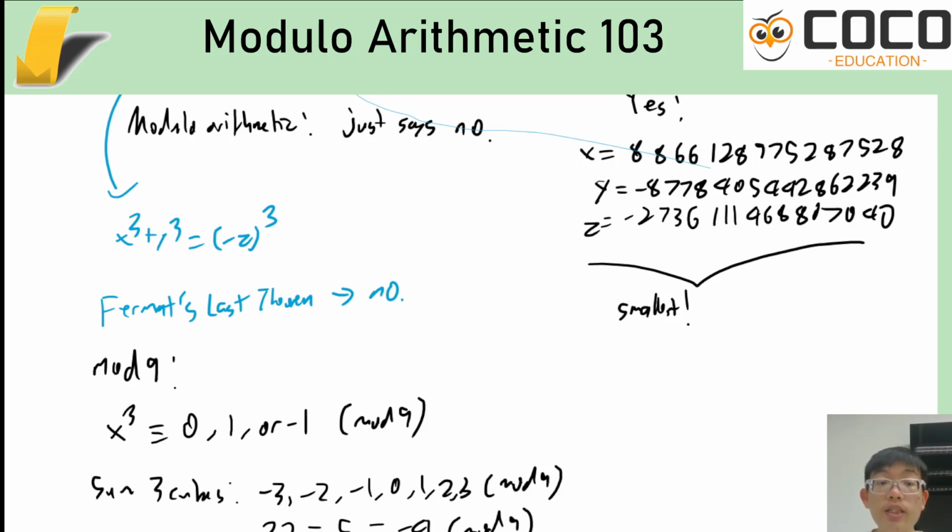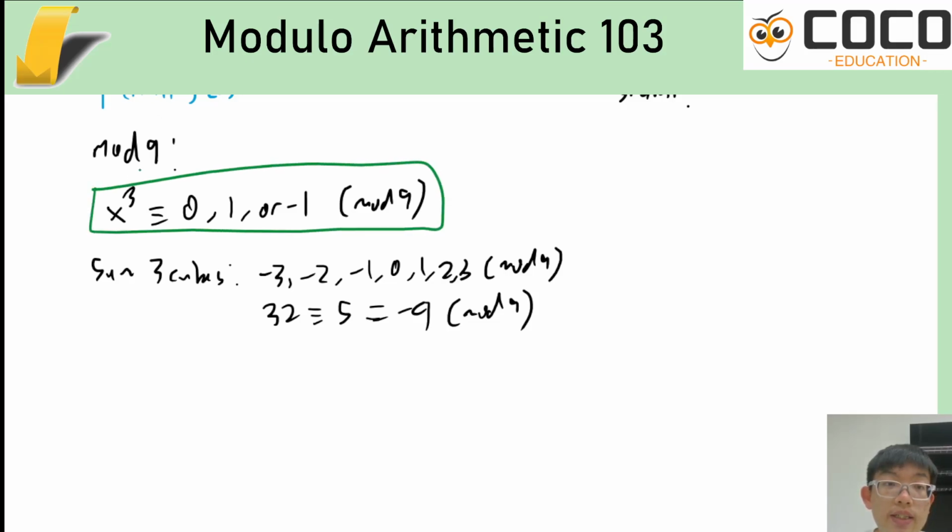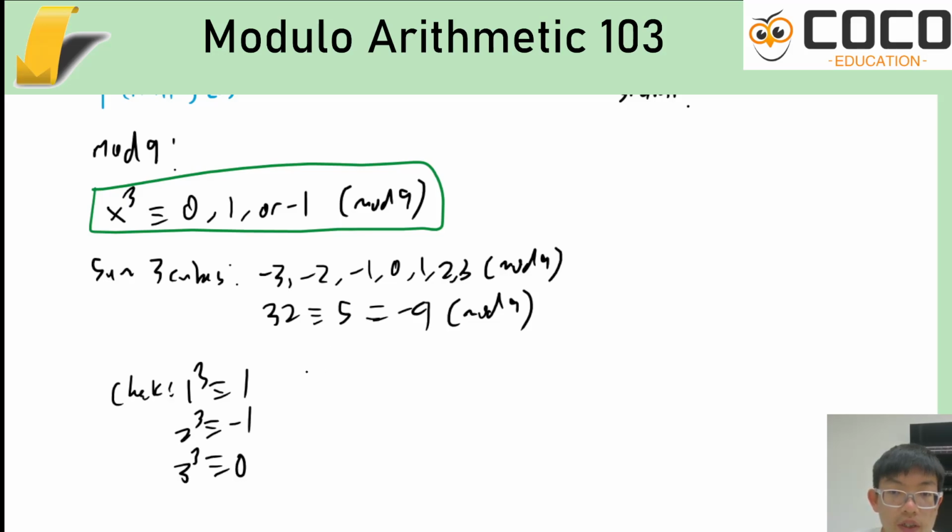The first question that some of you will then ask me is, how do you know that x cubed is only 0, 1 or minus 1 mod 9? The answer to that question is way more boring than you might expect, which is that I'm just going to check all of them. 1 cubed is 1, 2 cubed is minus 1, 3 cubed is 0. 4 cubed, 64, is 1 again.